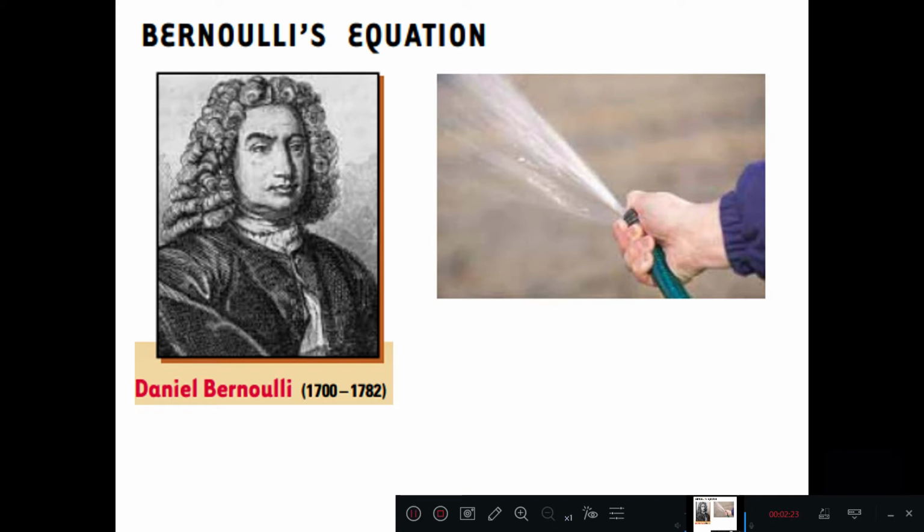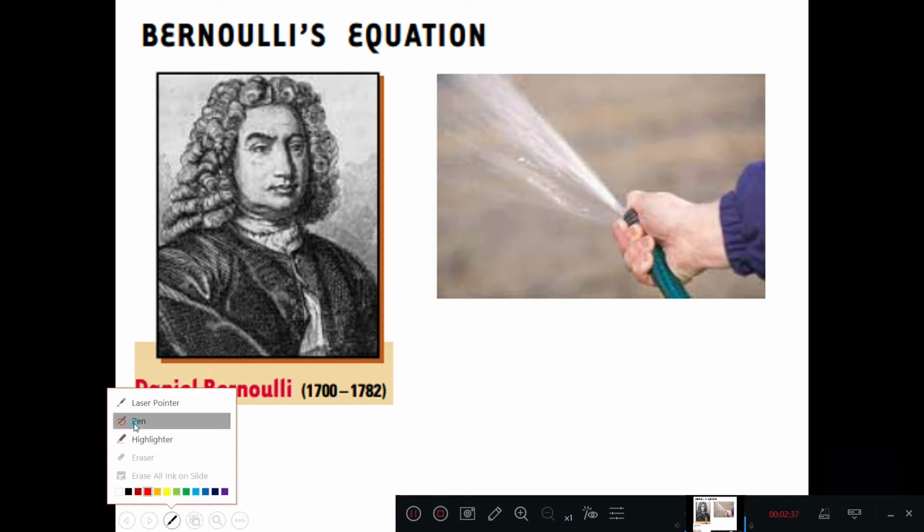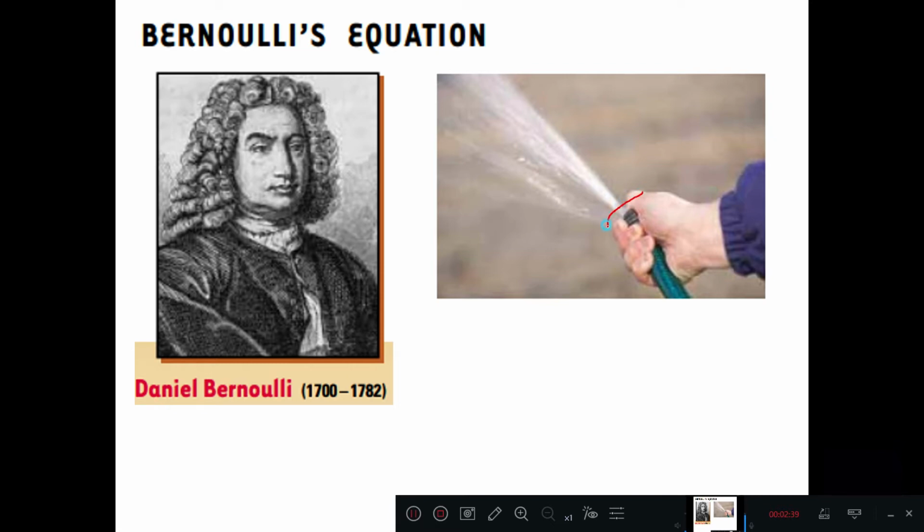So what will happen here? The opening becomes very narrow, a very small slit. Then the water comes out at a high speed, like a jet.